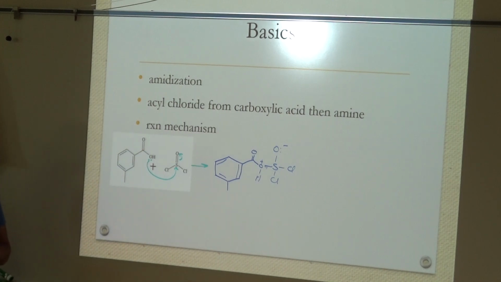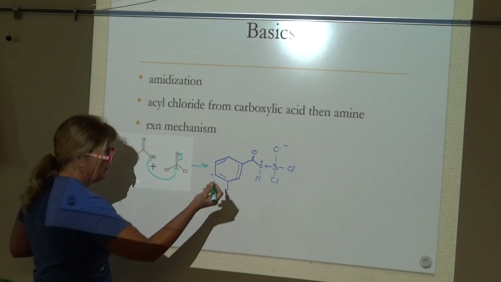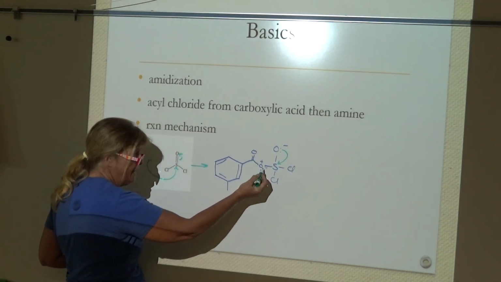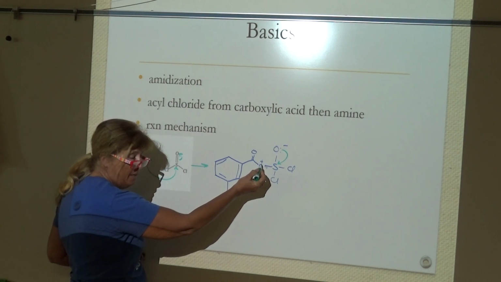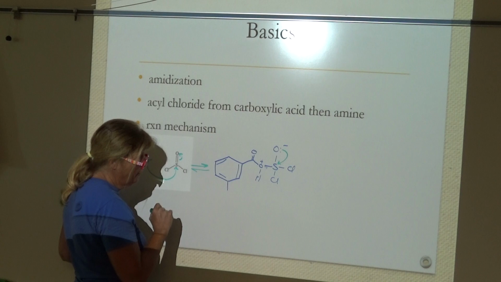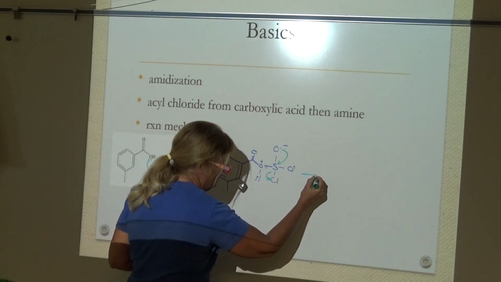Giving us our Zwitter ion intermediate. Next step, we form the pi bond, and here again, if the bond to the oxygen we created, we're back at equilibrium, but eventually one of the chlorines gets knocked off.